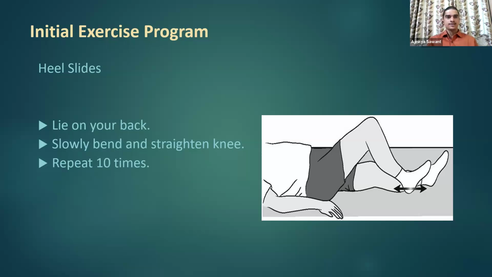So lie on your back, slowly bend and straighten the knee, and even lymphatic drainage works. If we start with the ankle, then knee, and then hip, then lymphatic drainage also works in these cases.